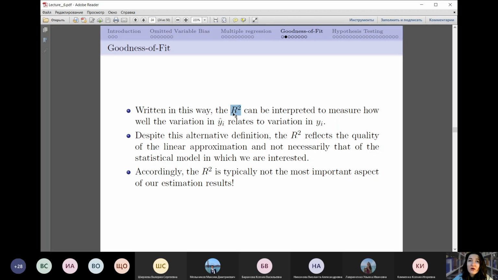Even if your R squared or adjusted R squared is not very large, the real problem is when you don't hold the assumption about the zero conditional mean.